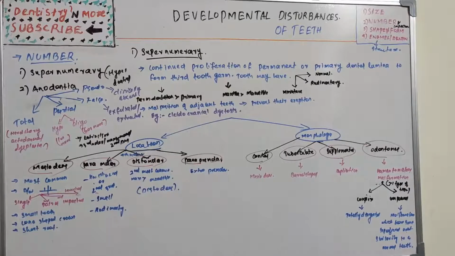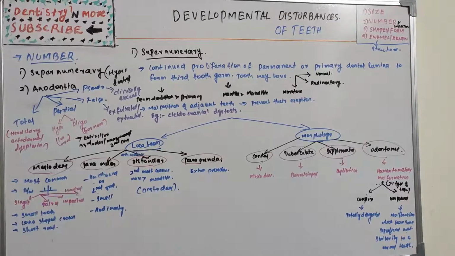Additionally, a third premolar will be there. Usually we have 2 premolars in each quadrant, so there will be an additional premolar. So based on the location, it could be mesiodens, paramolar, distomolar, premolar.